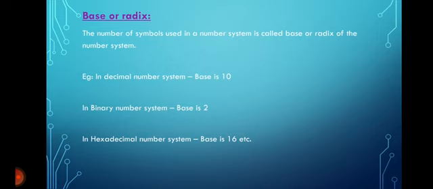The number of symbols used in a number system, or the total numbers present in the number system, is called the base or radix of the number system. In the decimal number system, the base is 10. That is, the total numbers in the decimal number system is 10. Therefore, its base is 10.